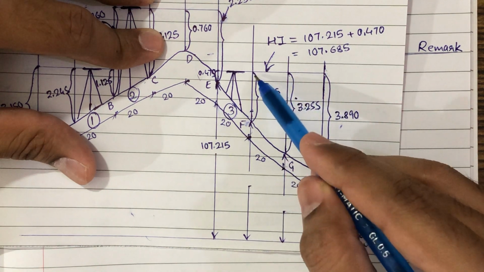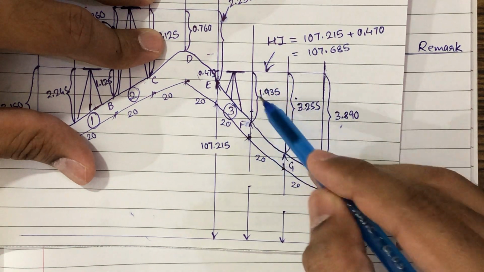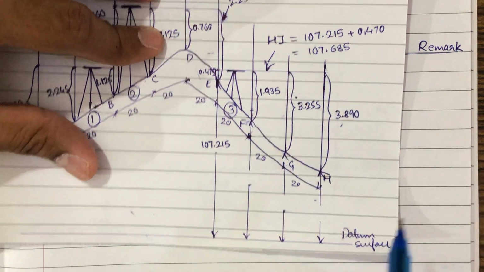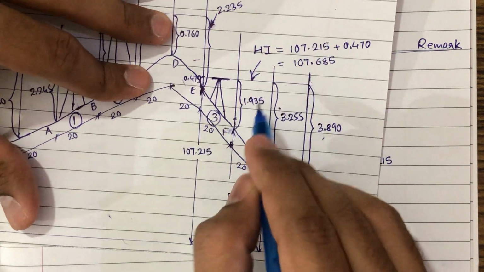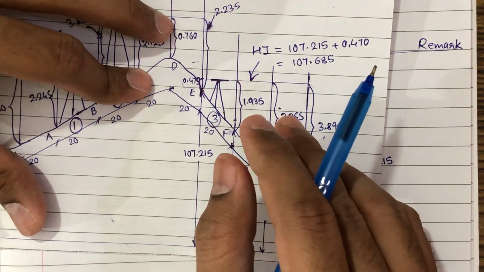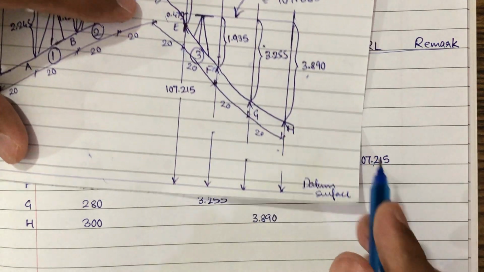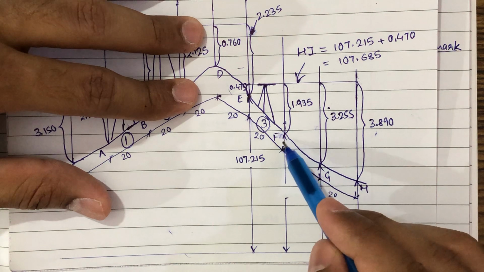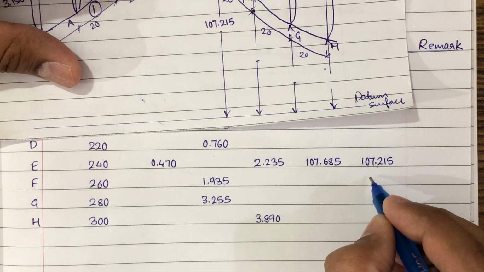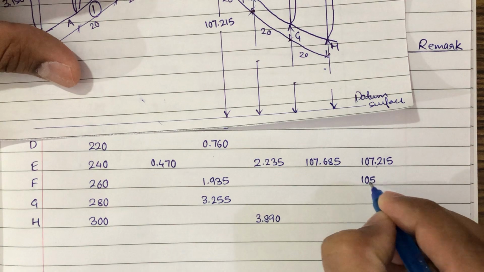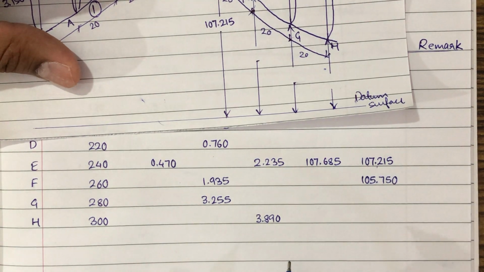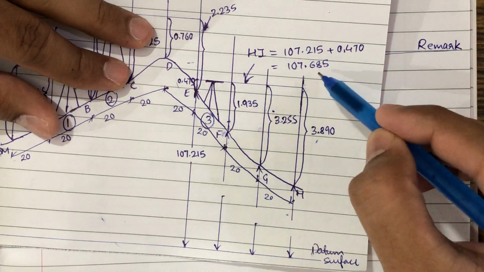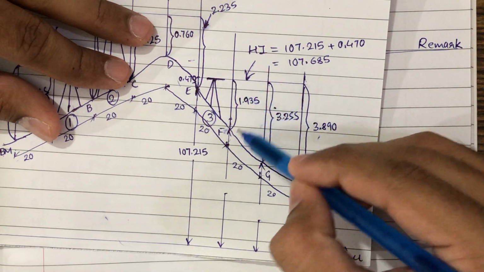If we subtract 1.935, we will get the RL at F. So RL at F will be 105.750. It was calculated as total HI, 107.685, minus 1.935.